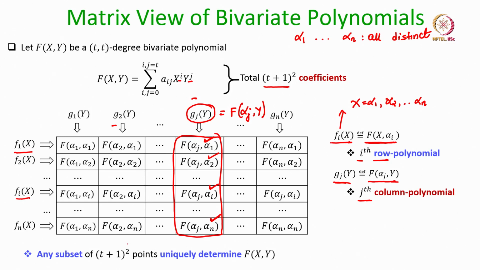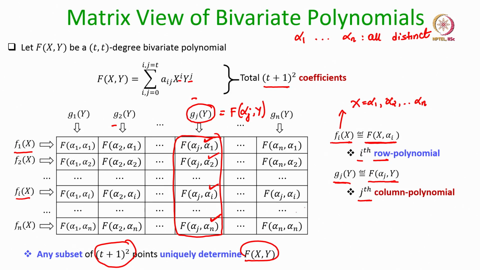Now, it turns out that any subset of t plus 1 square points in this matrix uniquely determines the bivariate polynomial. It is something similar to what we have for the univariate polynomials. For the univariate polynomials, we know that if I give you t plus 1 points on that univariate polynomial, then you can always find it uniquely.